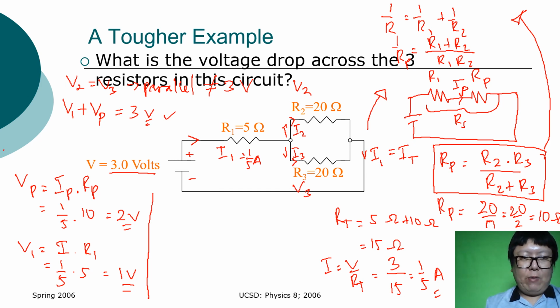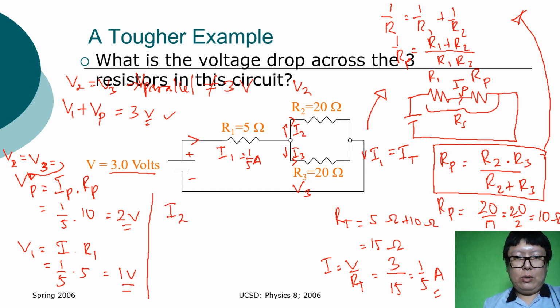Okay. Now the next one is finding the V2 and V3, I think already same with this one. So V2 equal to V3, equal to V parallel, because they are in parallel. Okay. Then how to count the I2?